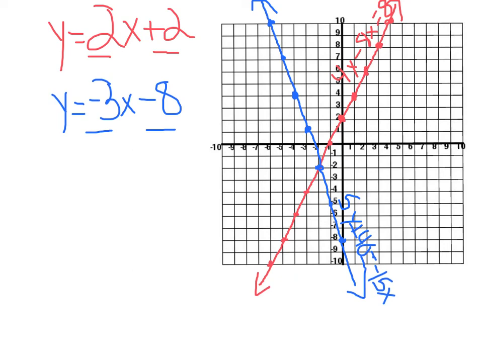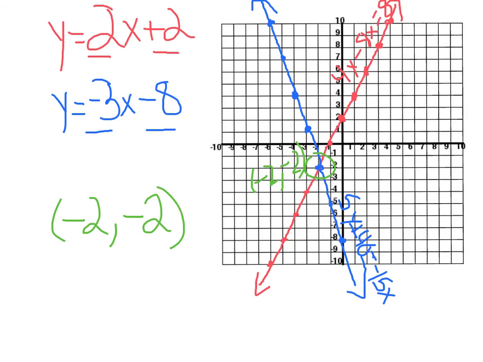At this point, I see my lines cross at this point, which is negative 2, comma, negative 2. So that tells me the solution to this system of equations is negative 2, comma, negative 2.